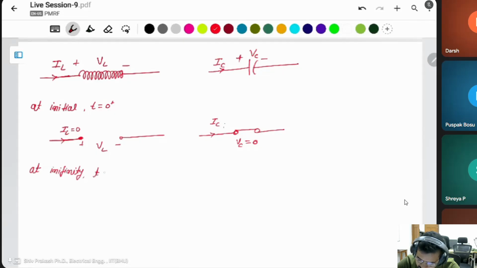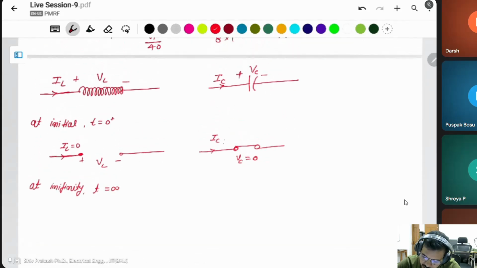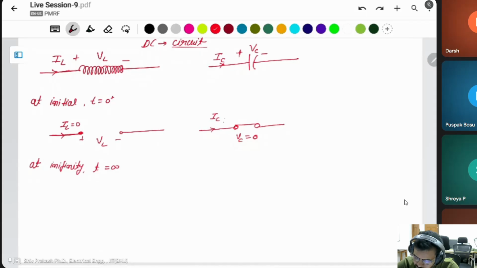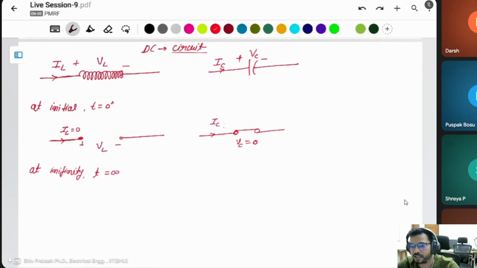At infinity, it means t is equal to infinity. All this is about DC circuits, not AC circuits, direct current circuits. Okay, don't assume this in an AC circuit. There is some frequency. In a DC circuit, frequency will be 0.